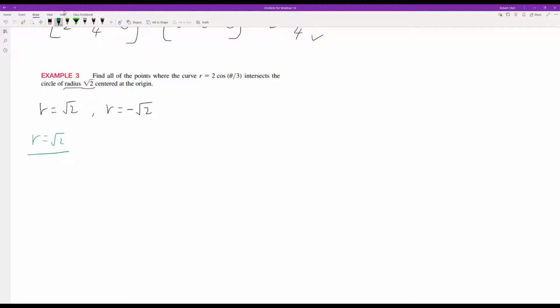Setting these two equations equal to each other, 2 cosine theta over 3 is equal to radical 2. That is when cosine theta over 3 is equal to radical 2 over 2. So cosine is radical 2 over 2 at negative pi over 4 and pi over 4.